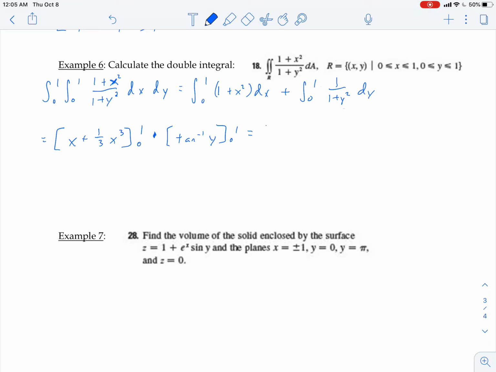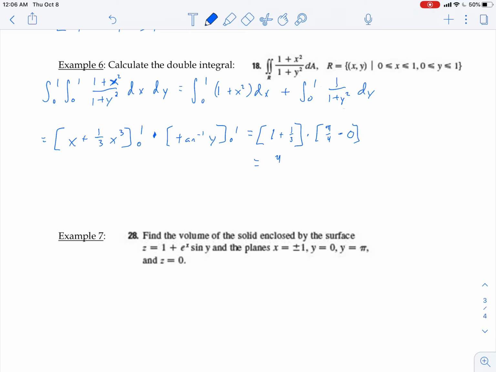So we're going to substitute in 1, and I'm only going to substitute in 1, because when I substitute in 0, I'm going to get 0. So 1 plus 1/3 times, and inverse tangent of 1 is going to be pi over 4. And inverse tangent of 0 is going to be 0.